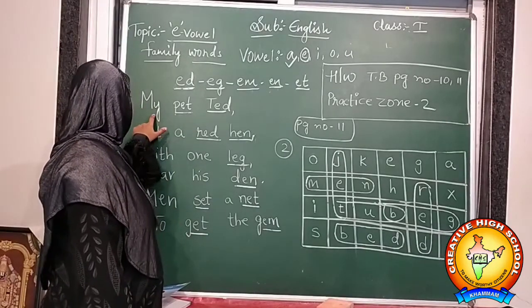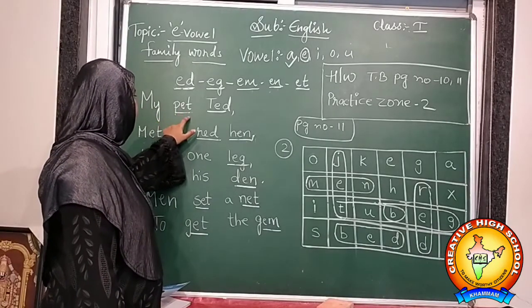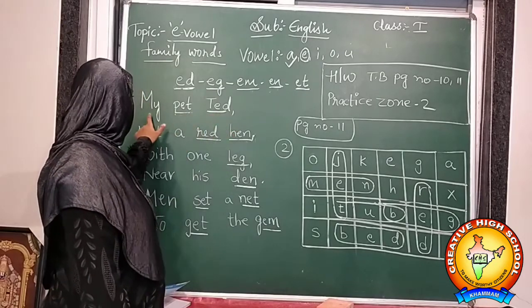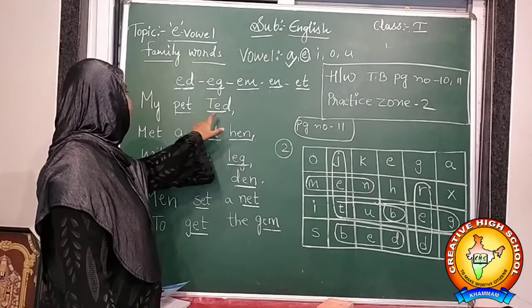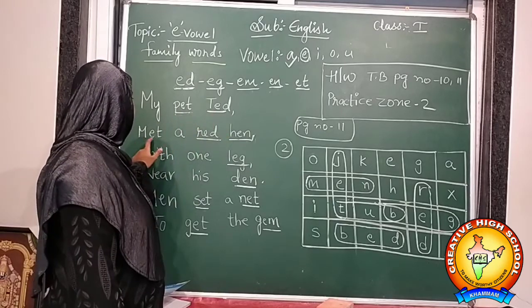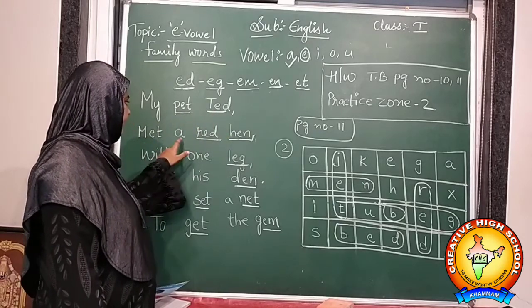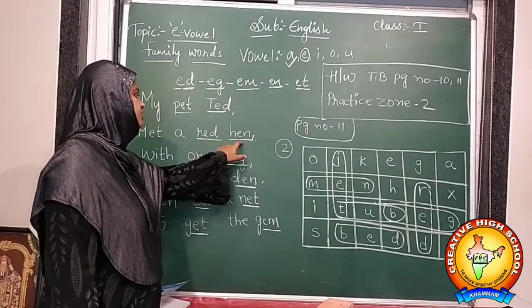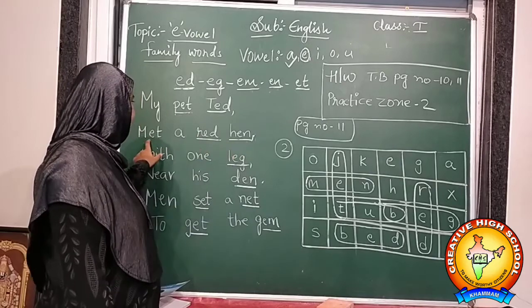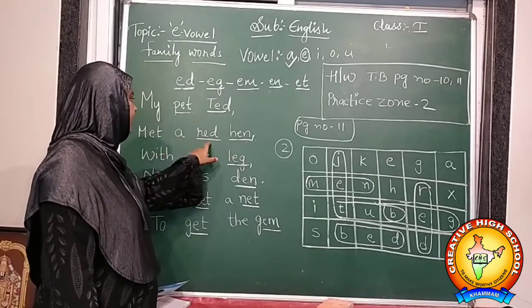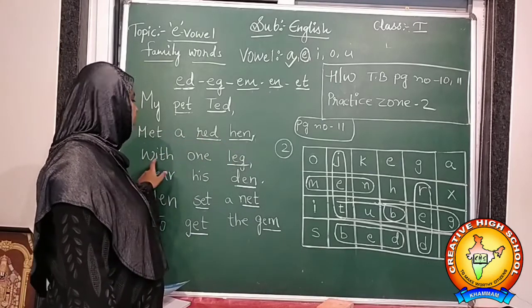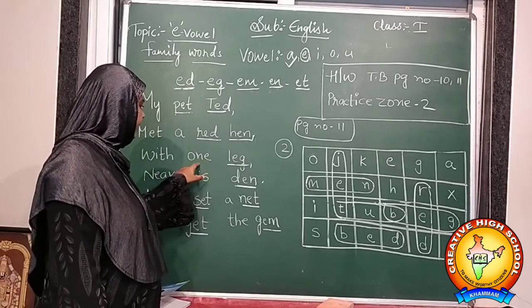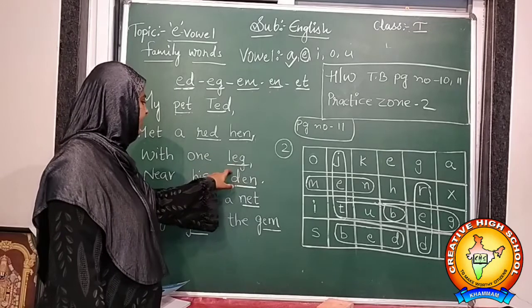M-Y my. P-E-T pet. T-E-D Ted. My pet Ted. M-E-T met. A. R-E-D red. H-E-N hen. Met a red hen. W-I-T-H with. O-N-E one. L-E-G leg.